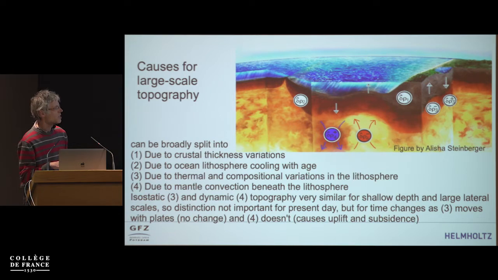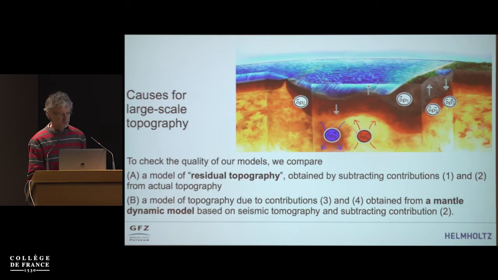But for time changes, it becomes important, because the contribution inside the lithosphere obviously moves with the plates, so there's no change at a point moving with the plate. The contribution from the mantle doesn't move, so it can cause uplift and subsidence just due to the continent moving over it.